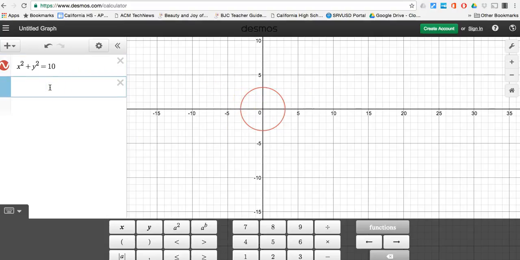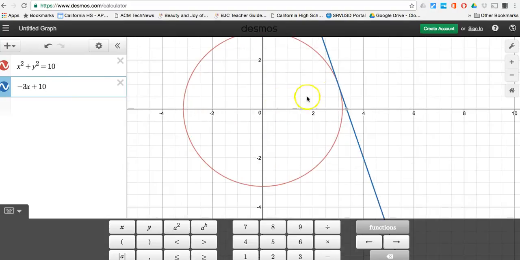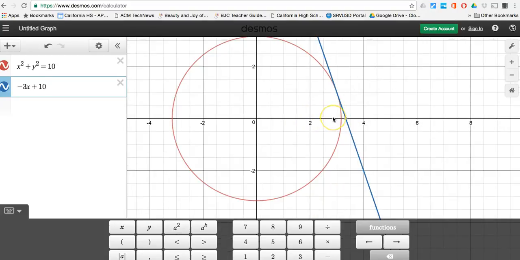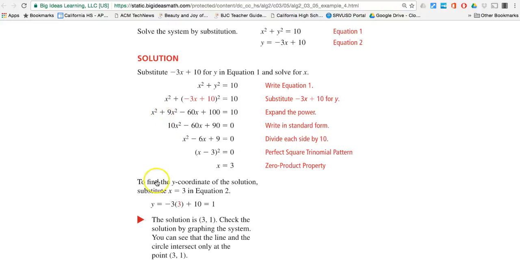And our second one is negative 3x plus 10. So what we get right here is a circle and a line that goes through it. And what you're going to notice is it looks like right here at 3 and 1.